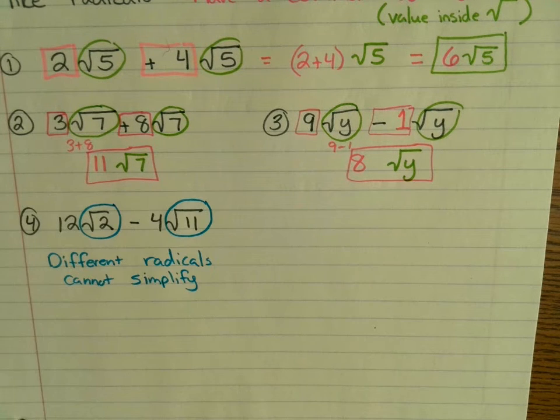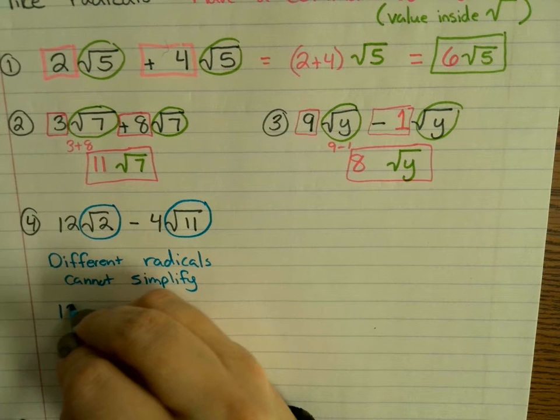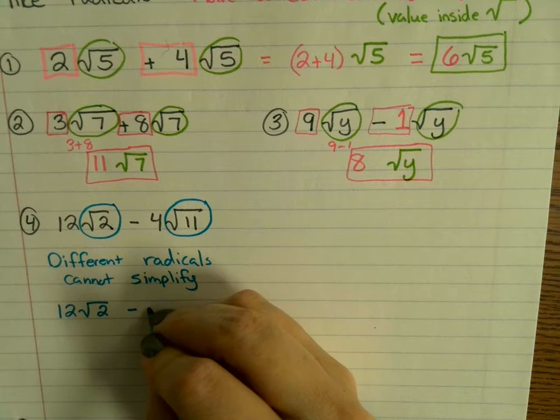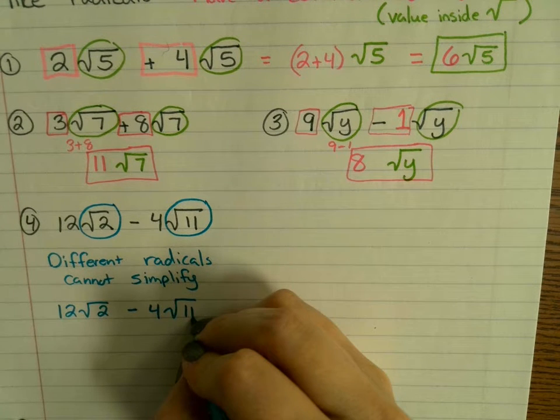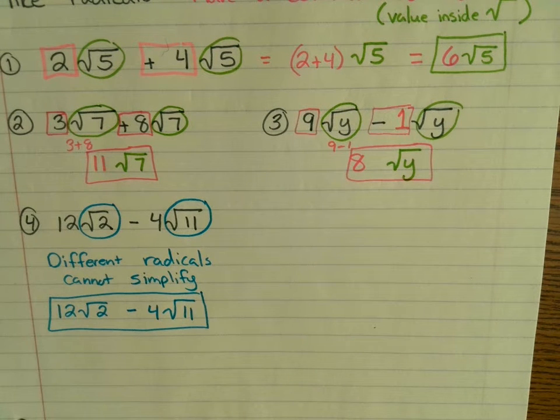You cannot subtract unlike radicals. You cannot simplify it. So your final answer is what the original question was: 12 square root of 2 minus 4 square root of 11. It cannot be done. That's as simplified as it's going to get.